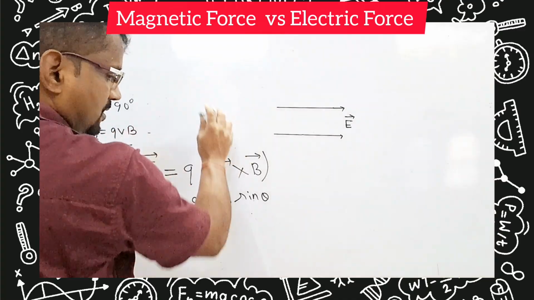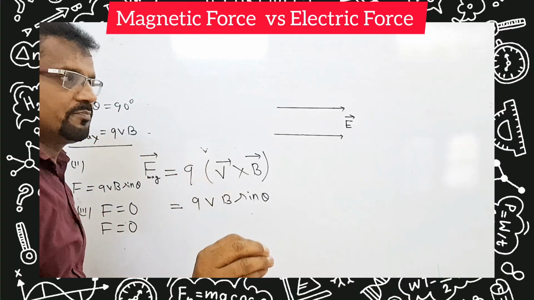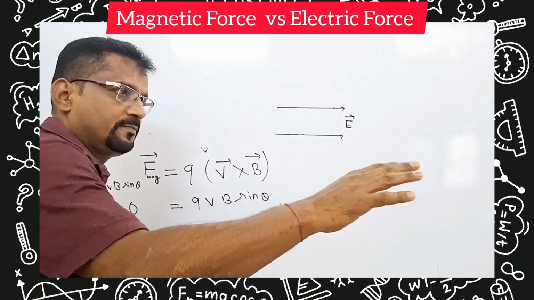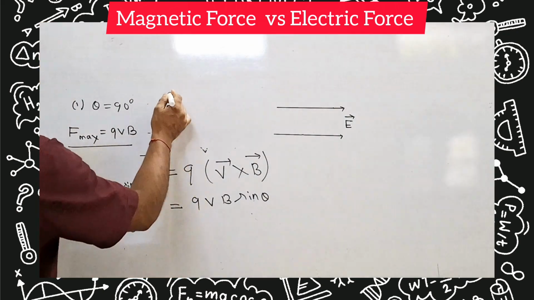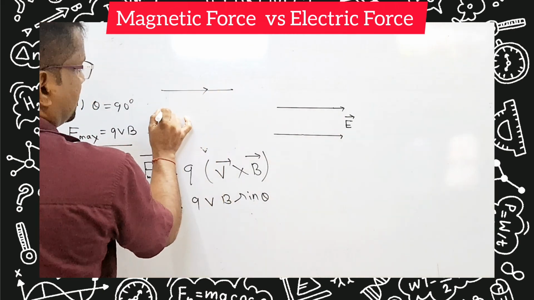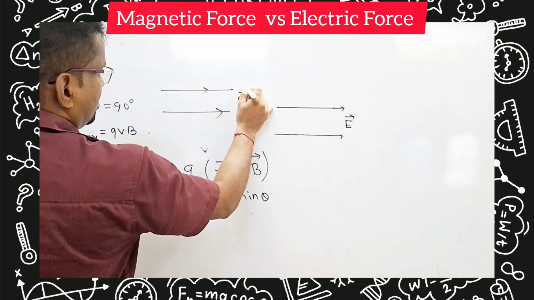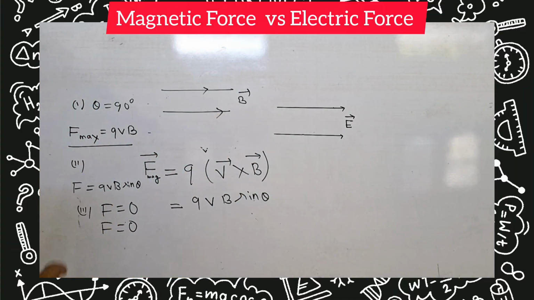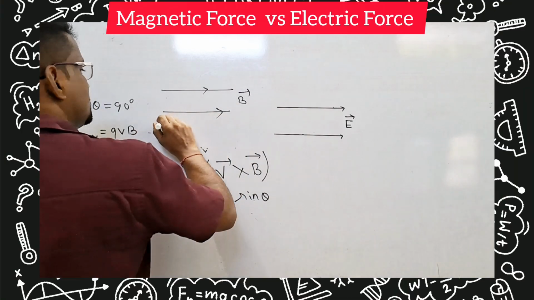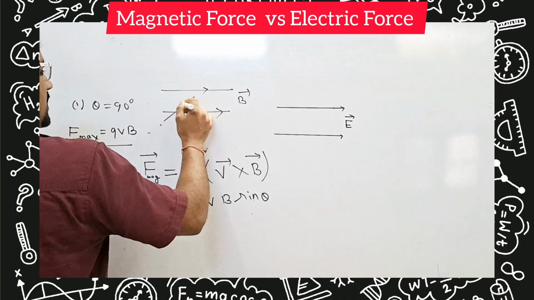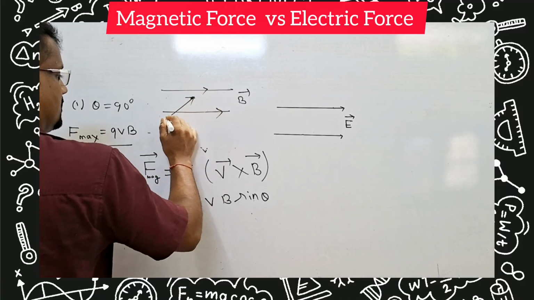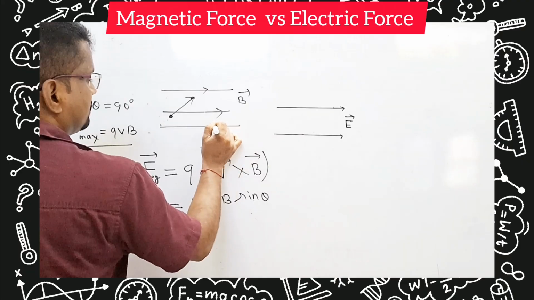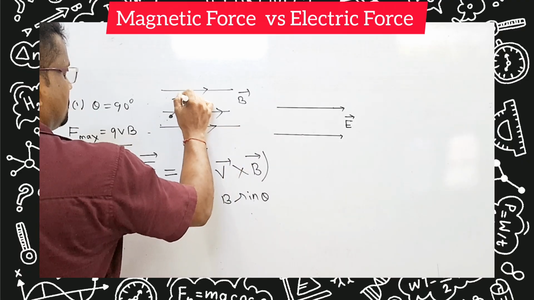The question is, if a charged particle enters a magnetic field, can the speed be changed? Say here it is a magnetic field. Let me consider only a uniform magnetic field. Say a charged particle enters the magnetic field with some velocity v.